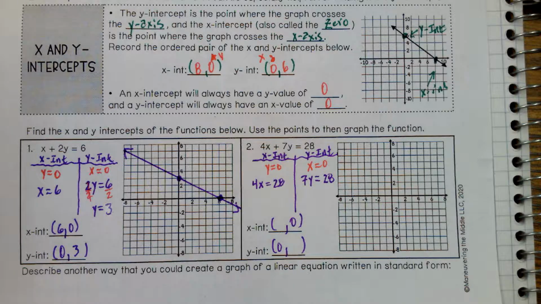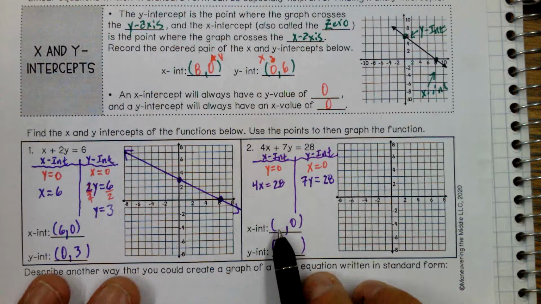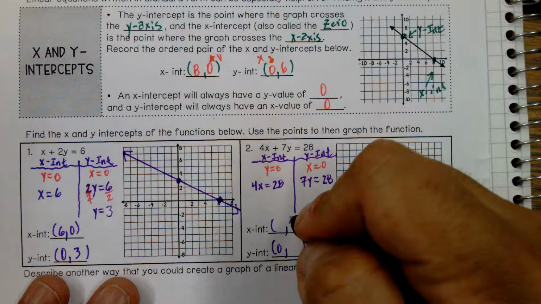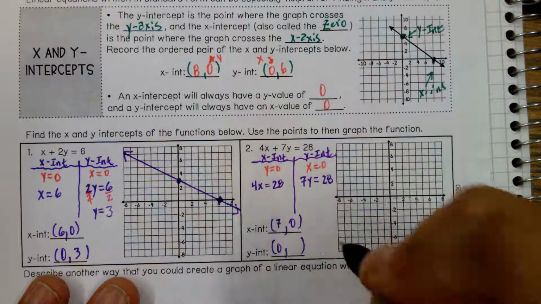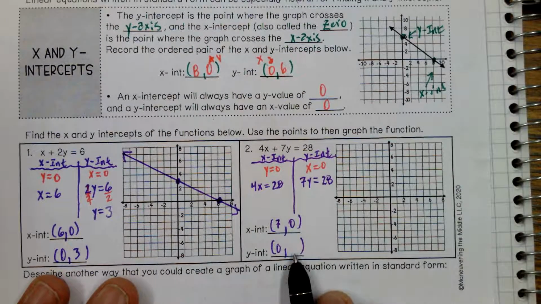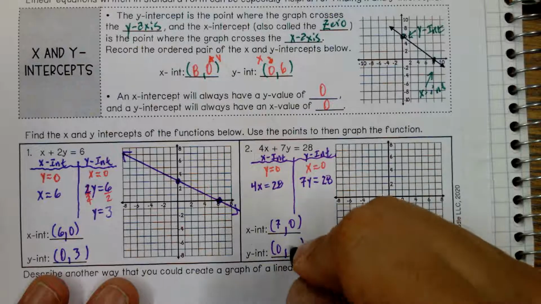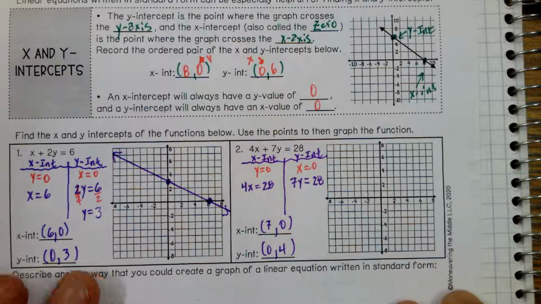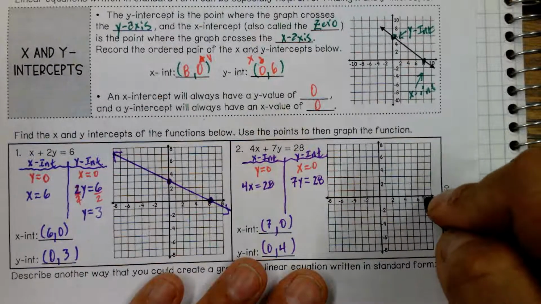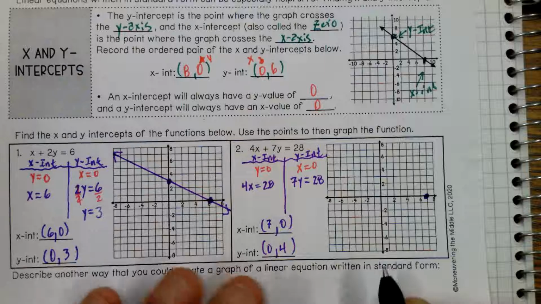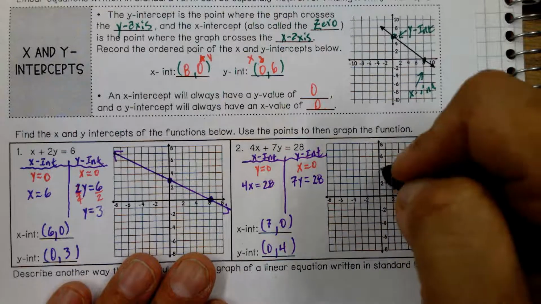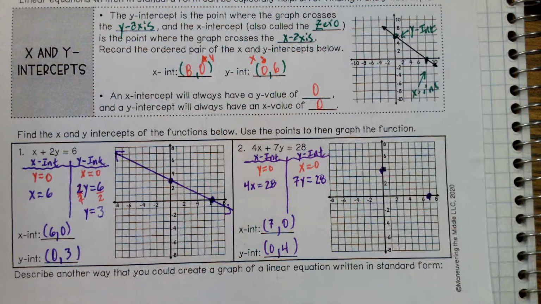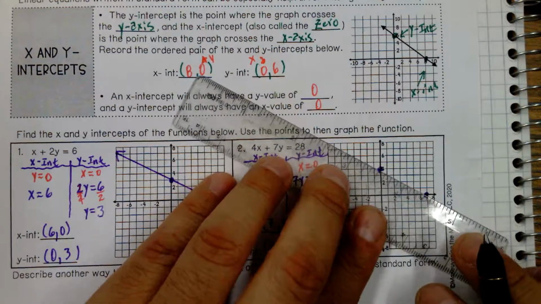Okay, so what's the x-intercept coordinates going to be? 7, 0. And for the y-intercept, it's going to be 0, 4. Easy peasy. All right, so we have 7, 0 right there. 0, 4 right here. This line has to cross both axes at these locations.